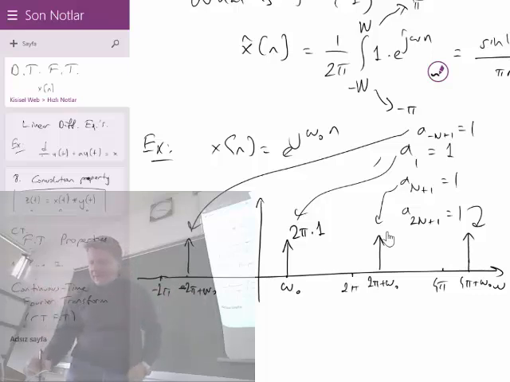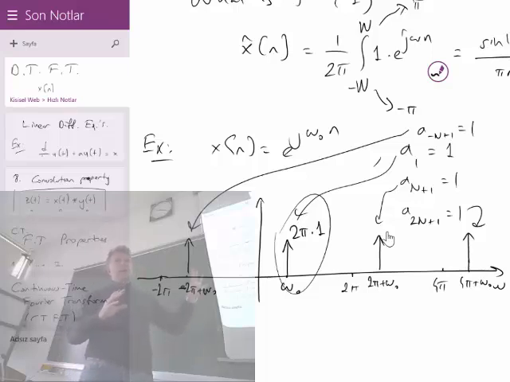Let's only find the original value, a1, that one. And then you have to just replicate it to make it 2 pi periodic. If it is at omega 0, it must also appear at 2 pi plus omega 0, 4 pi plus omega 0, 6 pi plus omega 0. It must be extended to become 2 pi periodic. Okay? So this is the correct plot of the Fourier transform for x of n equal to e to the j omega 0 n.